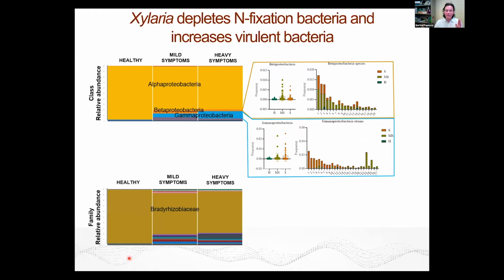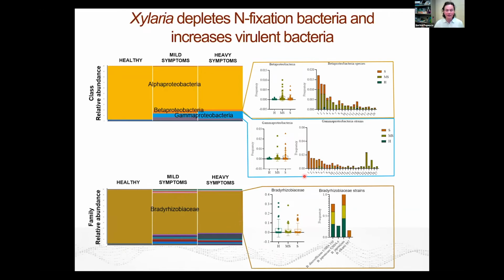Looking at some of the other classes, other families of bacteria, Bradyrhizobiaceae. These are nitrogen fixation bacteria, which are very useful, of course, for the plant because they help it fix nitrogen and grow healthy. They are predominant in the healthy plants, but in the infested plants, you see that their abundance decreases and other families come up.